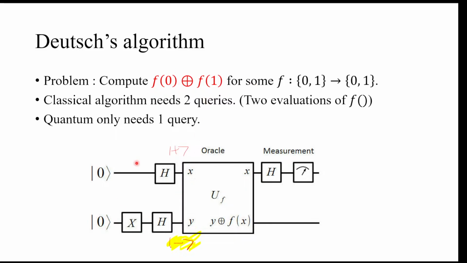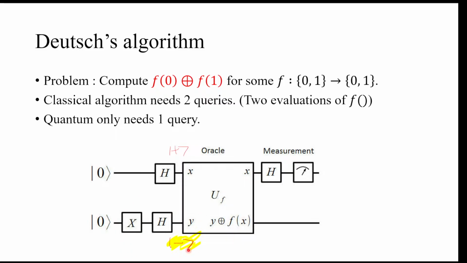With this algorithm, which only uses one box, you can calculate f0 plus f1, where f is a one-bit function. This is not possible classically because you need to put two boxes inside your classical algorithm to calculate f0 plus f1. And here we use crucially this phase kickback technique, where we actually do something on the output register.